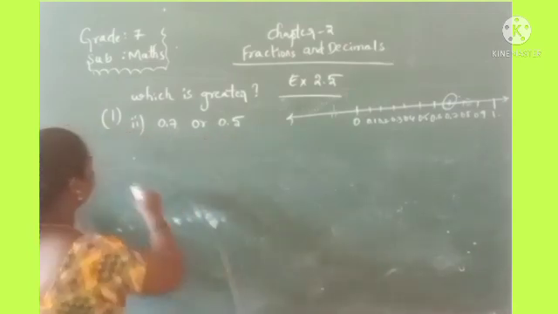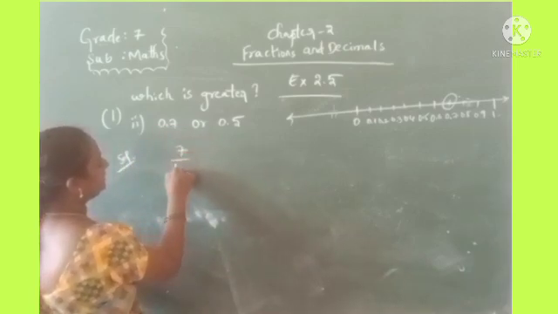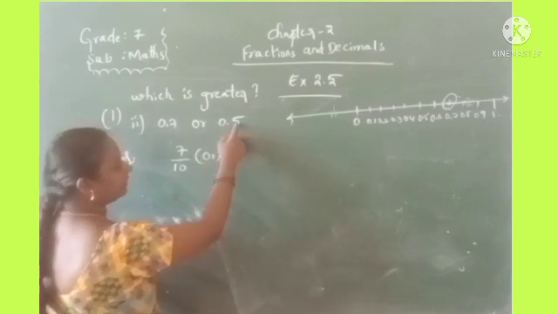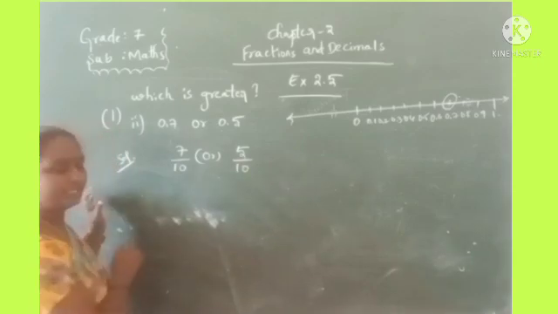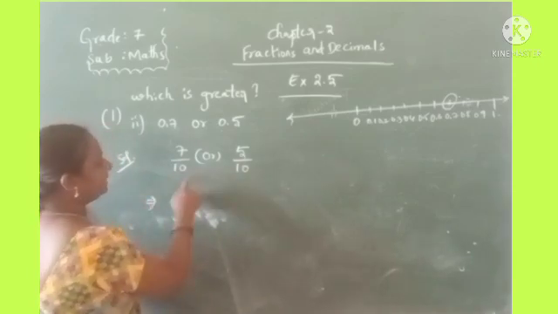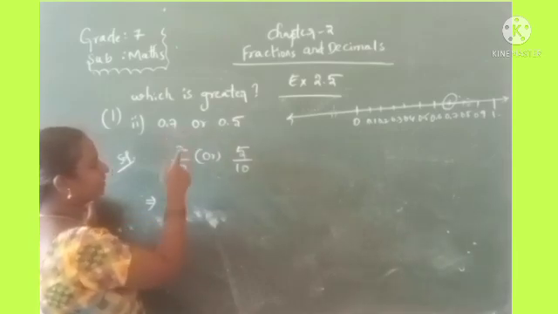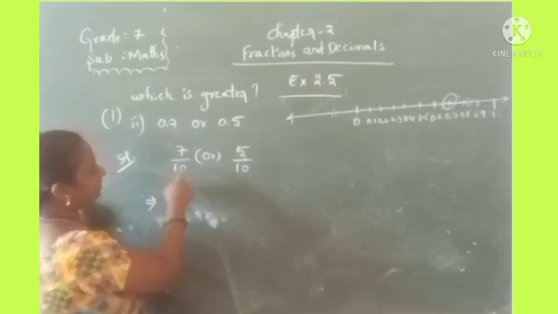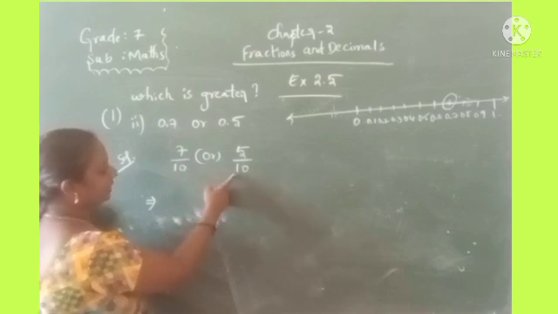But we can solve this by steps. 0.7 we write here as 7 by 10, or 0.5. The place value of 5 is tenth, that means 5 by 10. Now both the denominators are the same. First I have converted the decimal numbers to fractions. So when we are comparing two decimal numbers or two fractions, check the denominators.